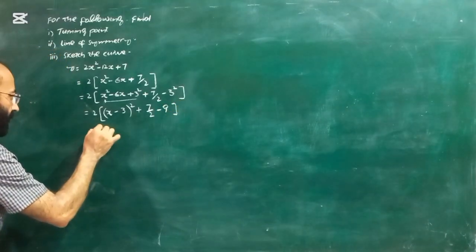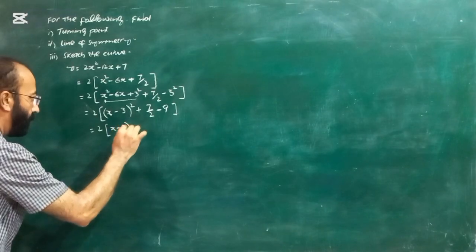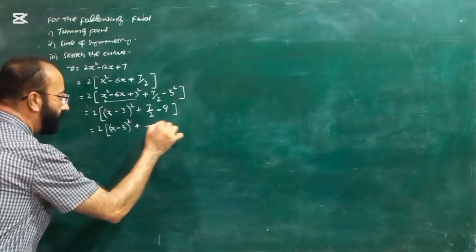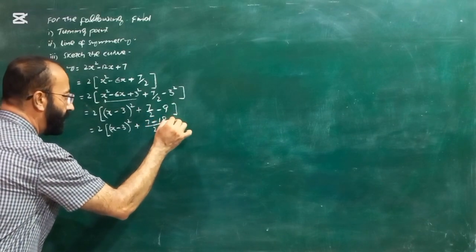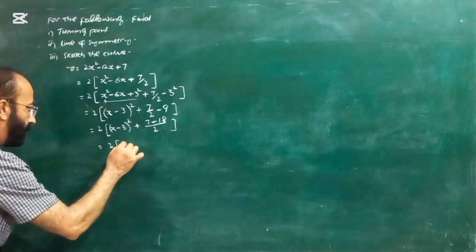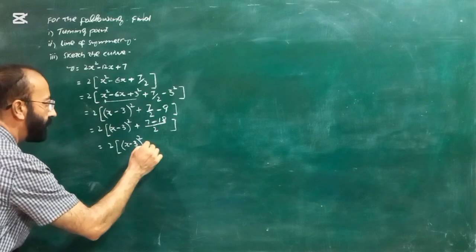So the next step will be 2(x - 3)². Take the LCM of these two values. 2 is the LCM, 7 - 18. Next step is 2(x - 3)², still there.